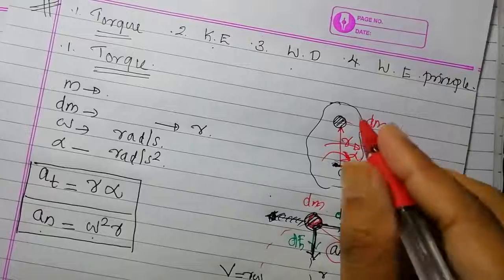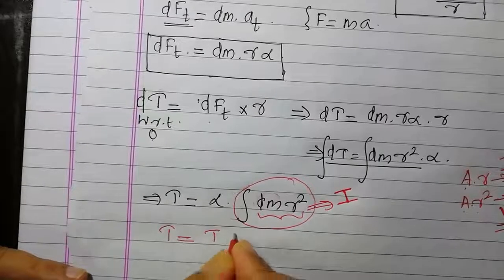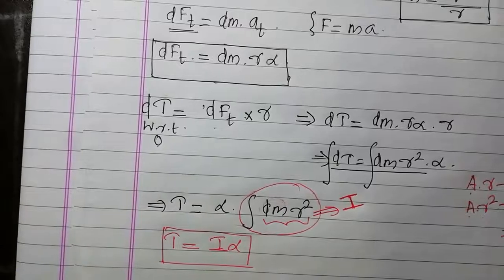So we will get the final expression for torque as T is equal to I alpha. T is equal to I alpha is the final equation for torque.